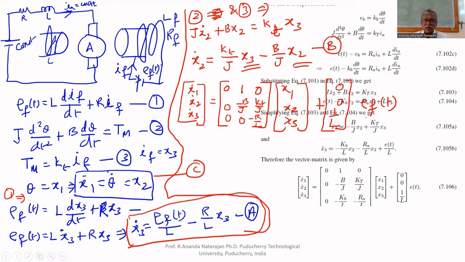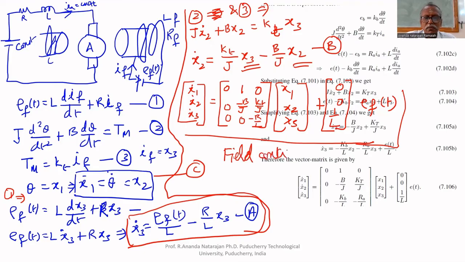In no other equation is EF of t present. This is the mathematical model of the field controlled DC motor.